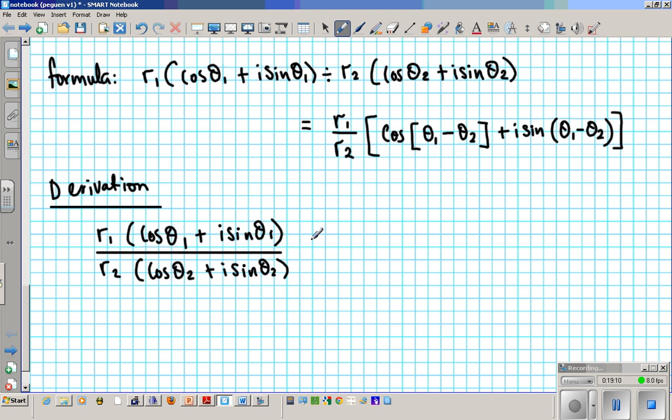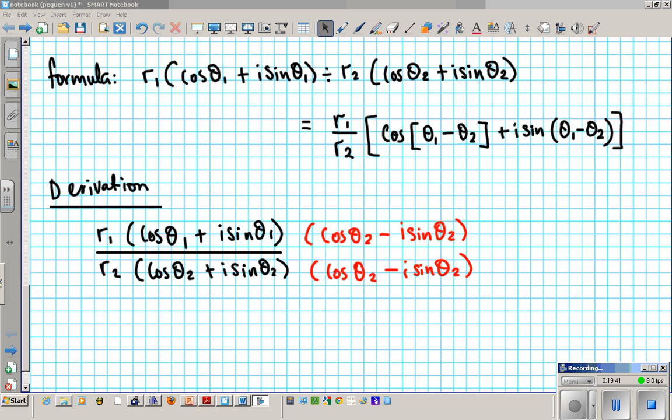I'm going to multiply the numerator and the denominator by cosine theta 2 minus I sine theta 2, top and bottom. Then we distribute the top and the bottom and see what happens. The r1 and the r2 I can leave alone, outside over here, r1 over r2.